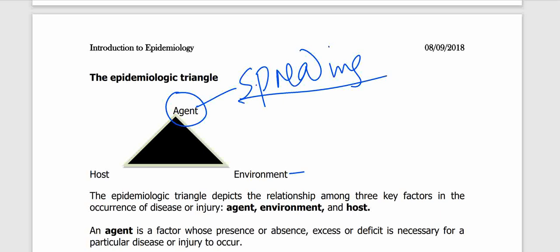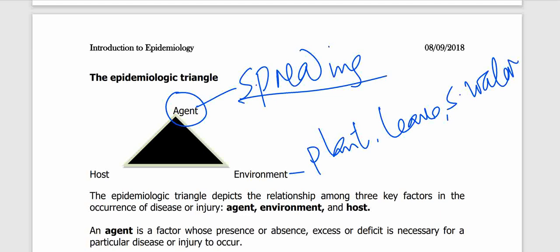So inside the environment, there is a plant, there are leaves, there is maybe stagnant water. So all this, if it becomes the hiding place for anything that can cause a disease in the environment, it is an etiological factor.